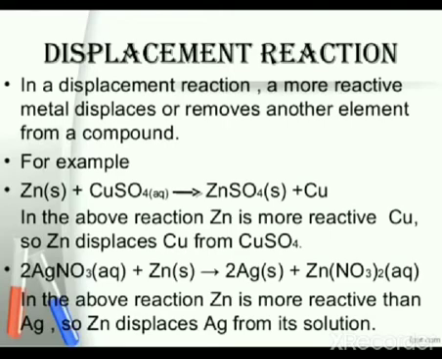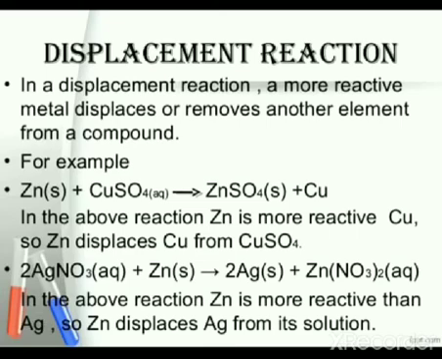So when zinc is added to copper sulfate solution, zinc being more reactive than copper, it will displace copper from copper sulfate solution. So you get the products as zinc sulfate and copper. Copper is displaced by zinc, and that is because the added metal zinc is more reactive than copper. So such a reaction is called a displacement reaction.